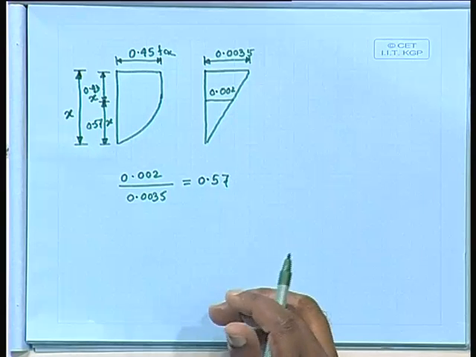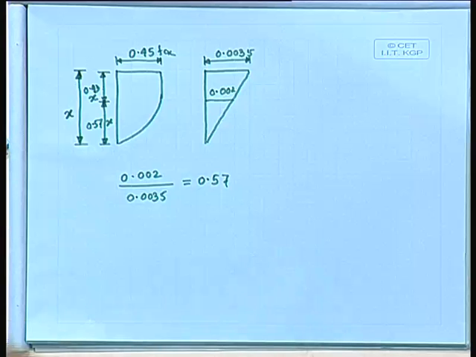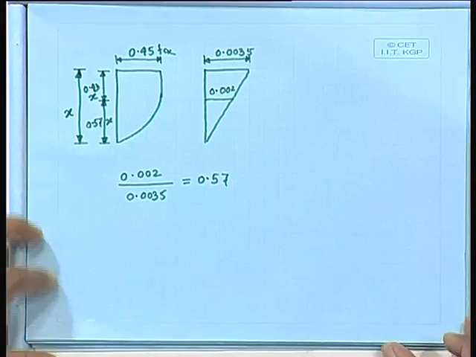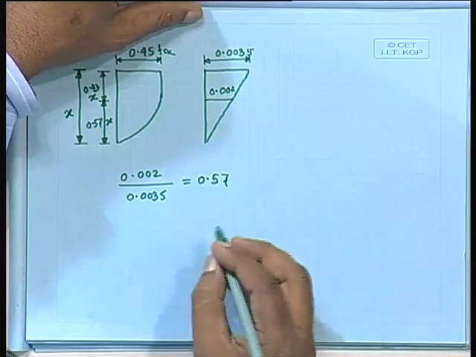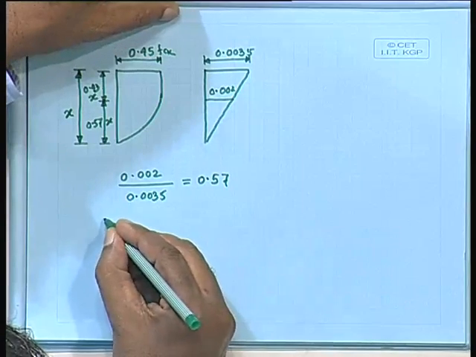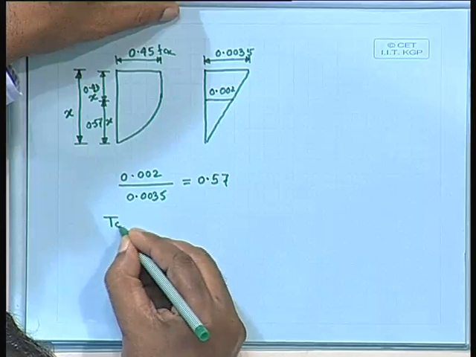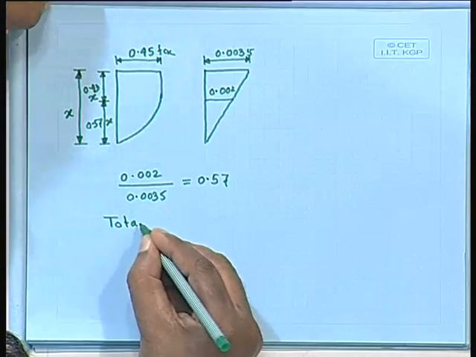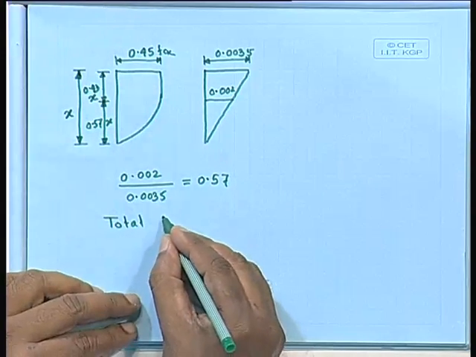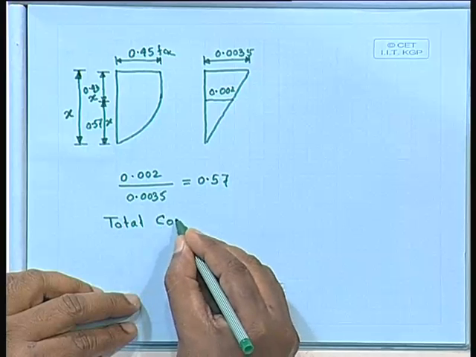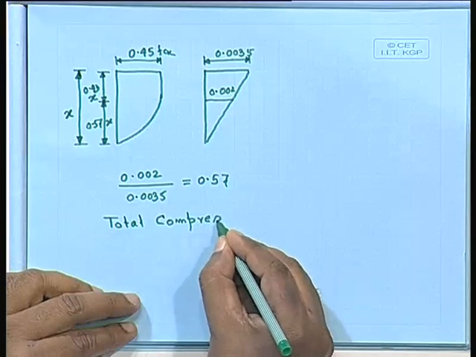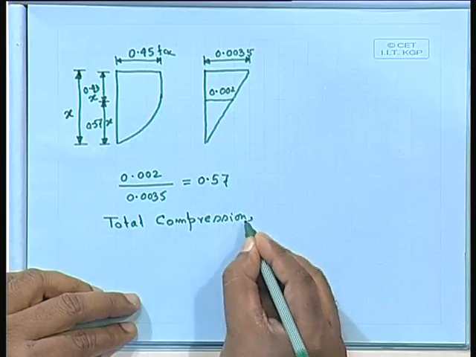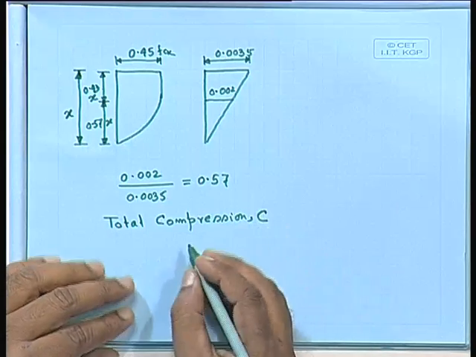So, 0.57 x and 0.43 x. We can write the total compression C.